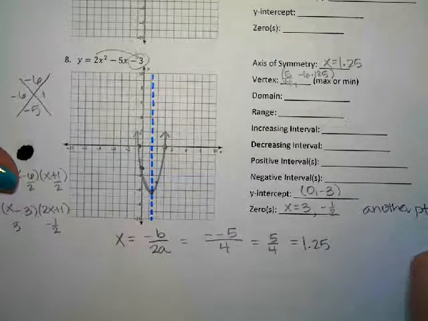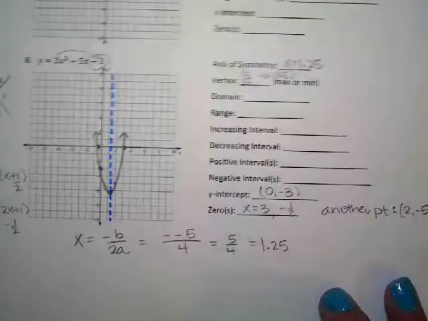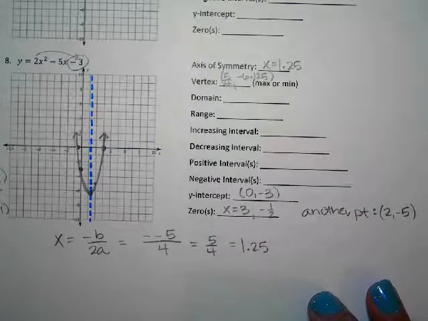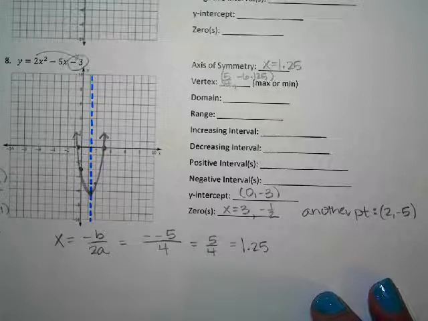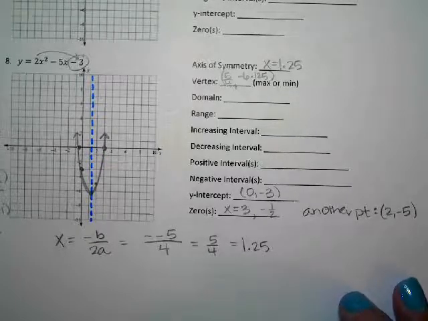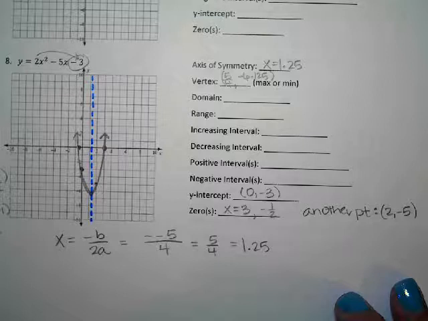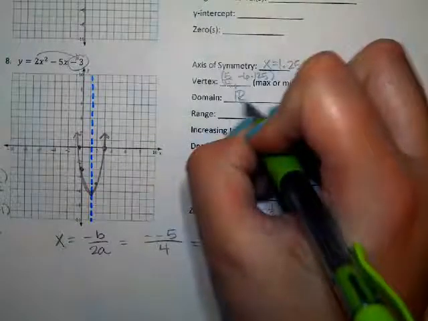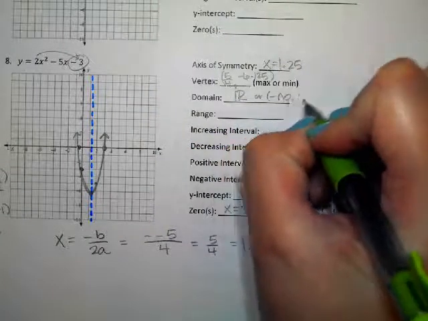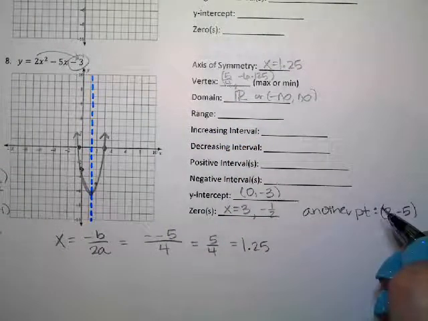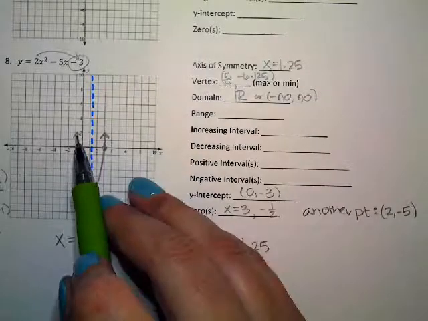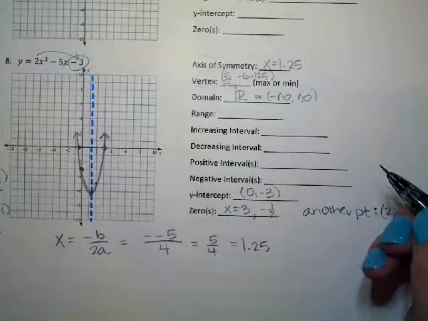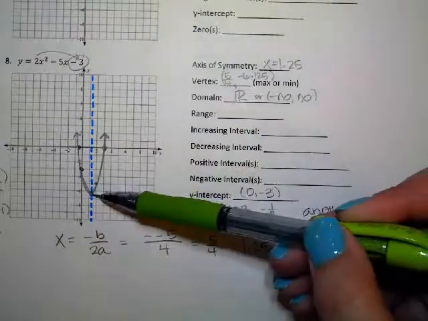All right, what's the domain? Yes, it is. And you can kind of tell because see how it goes left forever, right forever? All right, what's the range? So the very bottom is this negative 6.125. Ooh, we have to go back to the first one because we forgot to say if it was a max or min.